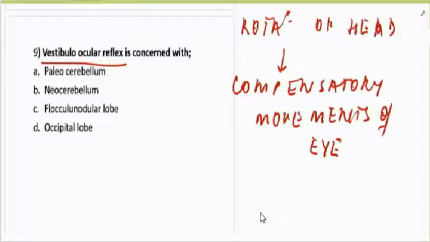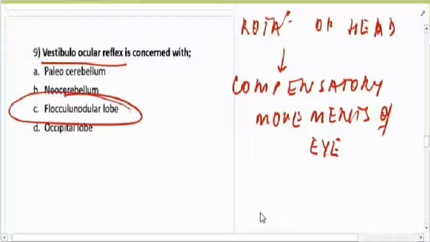This is called the vestibular ocular reflex, and this is related to the floccular nodular lobe. Floccular nodular lobe is the oldest part of the cerebellum. Why oldest? This was in terms of development. This floccular nodular lobe developed first, and it is responsible for balance and also for eye movements.